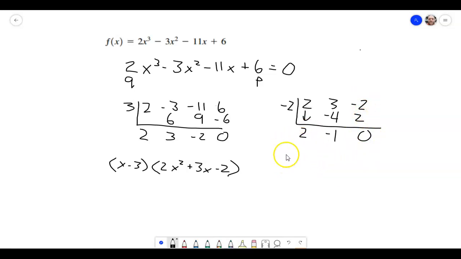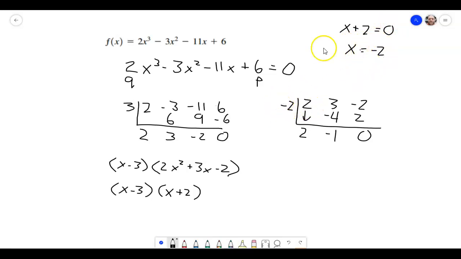So now I can write this as x minus 3 times x. If -2 is a root, then x plus 2 is a factor. Just think about it, because if we have x plus 2 is equal to 0, and we subtract 2 from both sides, we're going to get x is equal to -2, which is our root there.